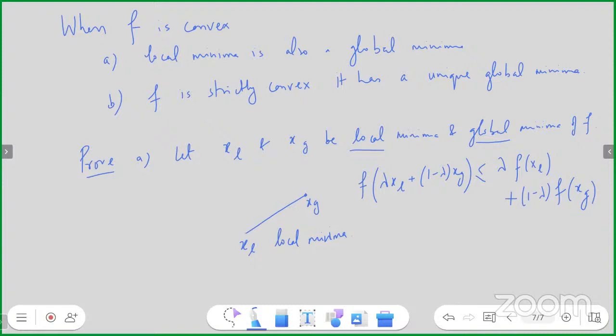Global minima, f of xl is larger, yes. So that point will be less than or equal to f of xl. What is this? The functional value of that point will be less than or equal to f of xl. f of xg is less than or equal to f of xl, right? So the right hand part will become f of xl.